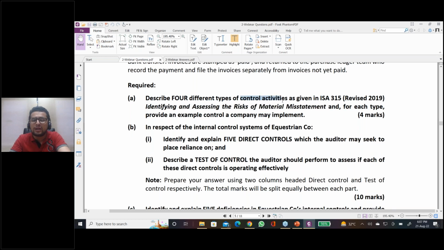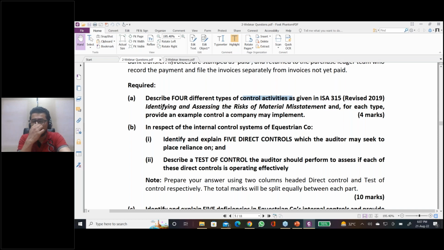Control activities is something which you studied in your paper, Accountant in Business, the F1 exam. We call it ACCA maps: authorization, segregation of duties, monitoring of controls, verification, IT and IS control, and all that stuff. So you have to explain or describe 4 out of it.